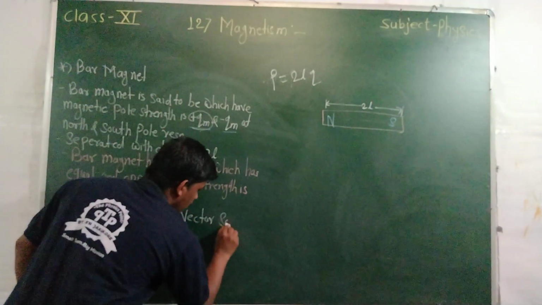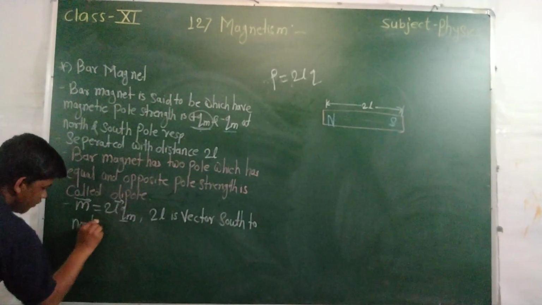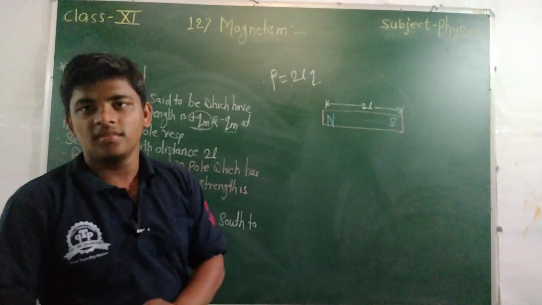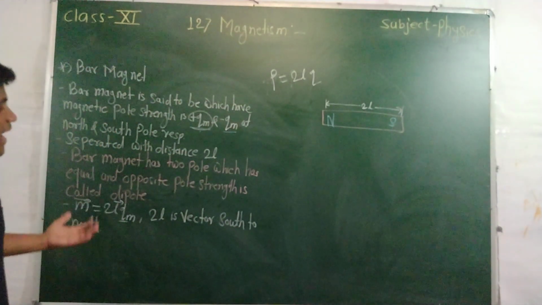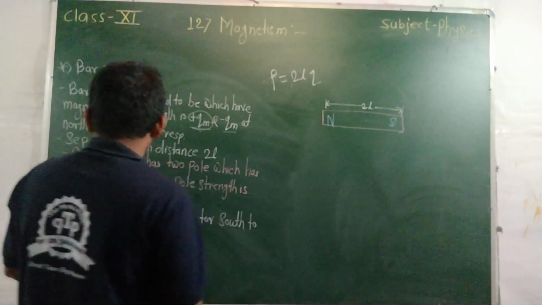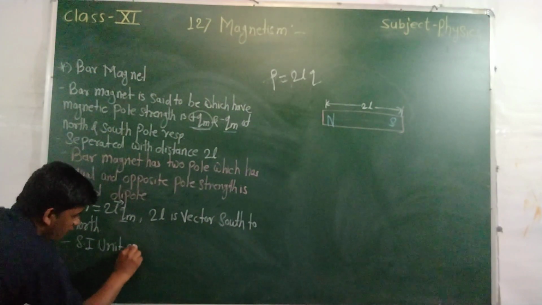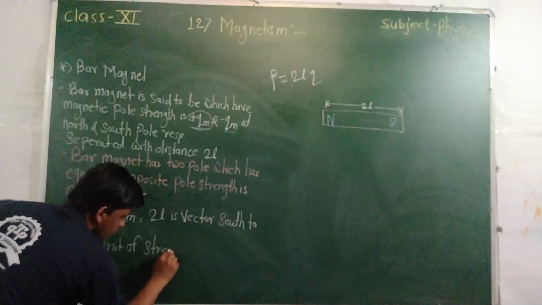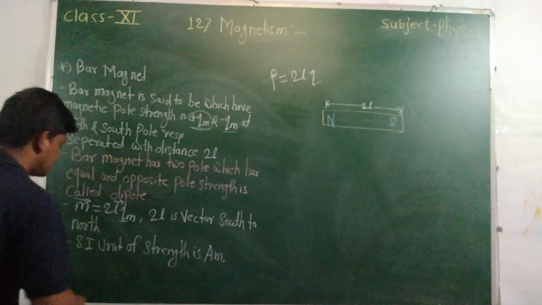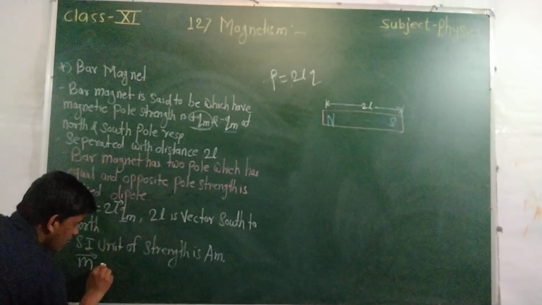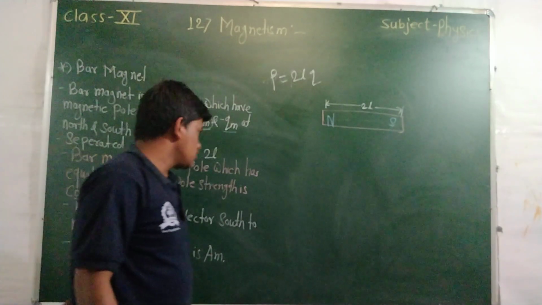The SI unit of magnetic pole strength is ampere meter, and the SI unit of magnetic dipole moment is ampere meter square.